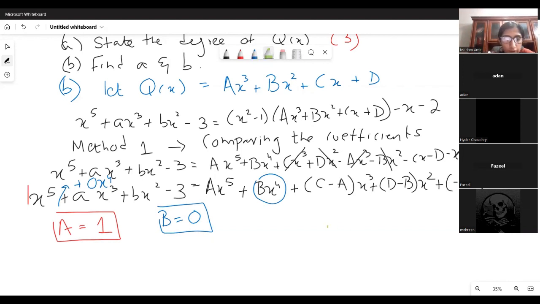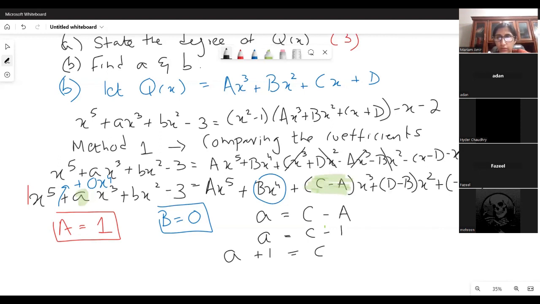How did we get there? This is the coefficient of x cube, and here the coefficient of x cube is c minus a. So we're going to write small a equals c minus a. So a is 1. So small a is equal to c minus 1. So capital C will be equal to a plus 1 actually. Should be a plus 1.